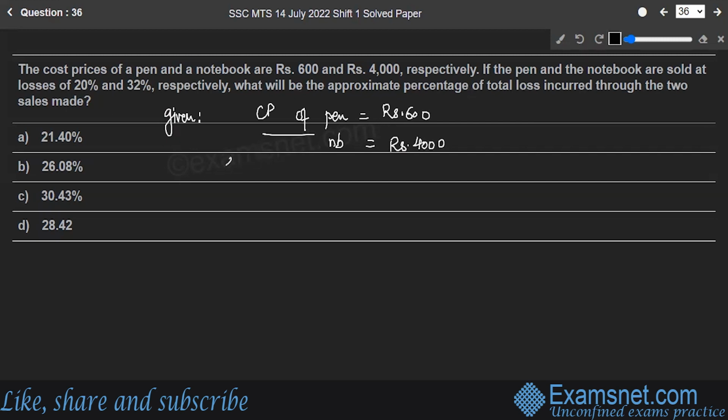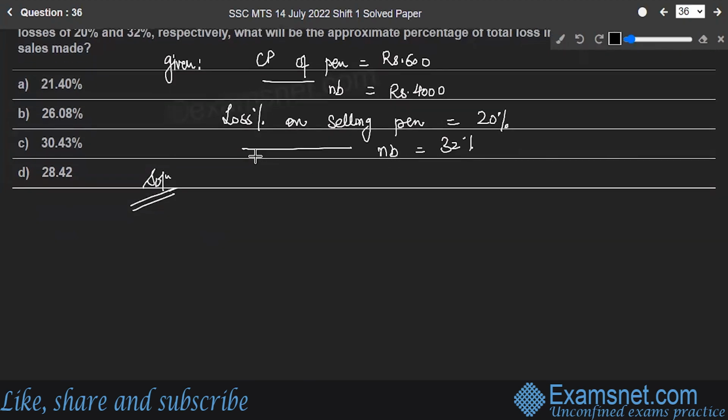Also loss percent on selling the pen is 20% and the loss percentage on selling notebook is 32%. Let's move with the solution now. So in this question, first of all, you are given the loss percentage and cost price of the pen. So let's find out the selling price of the pen.